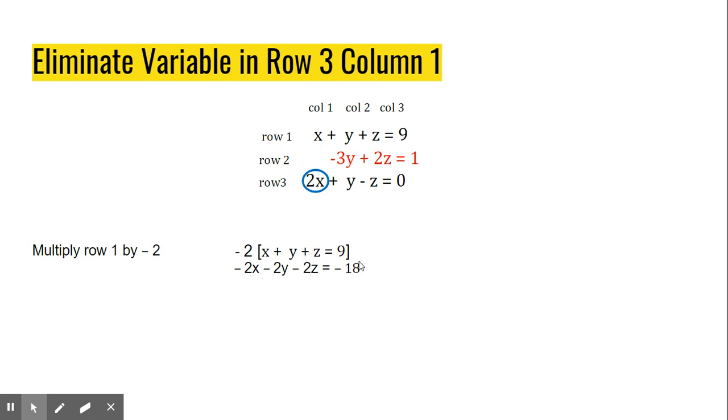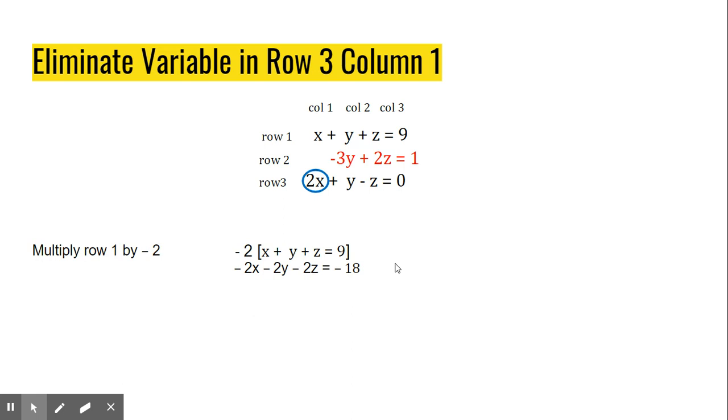Okay, here's our system with our new row 2. I need to eliminate next the variable in the position of row 3, column 1. It's a 2x. So, since I need to get rid of a 2x, I need a -2x. I will multiply row 1 by -2 all the way across, and I'm going to get my new equation.